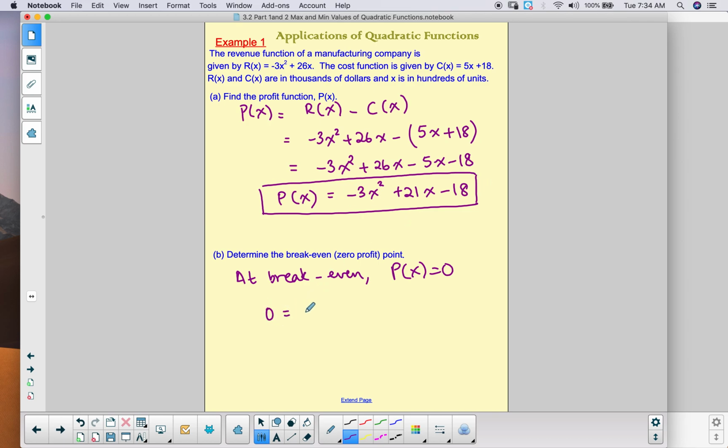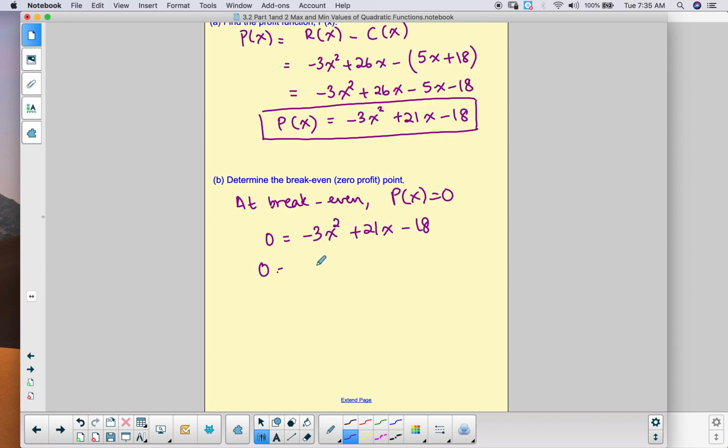So 0 is equal to negative 3x squared plus 21x minus 18. We can factor out negative 3 here and get x squared minus 7x plus 6. And we can factor this as x minus 1, x minus 6.